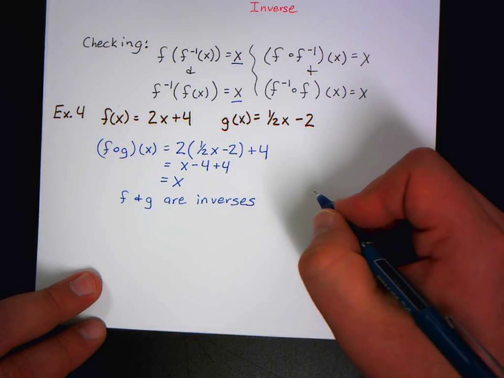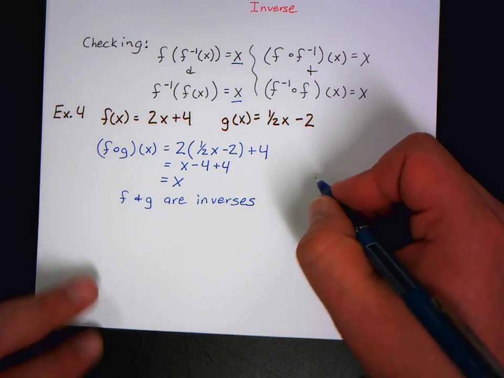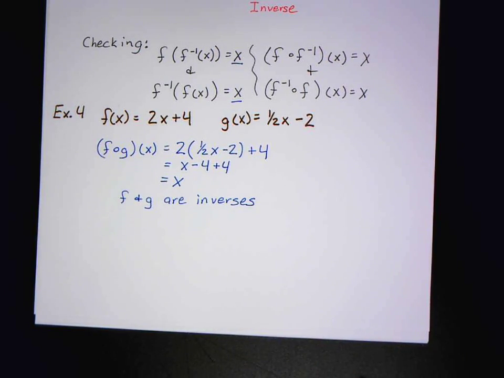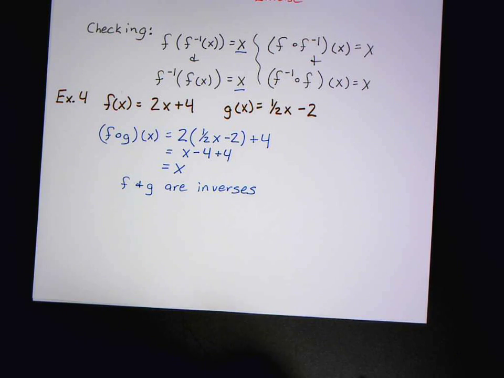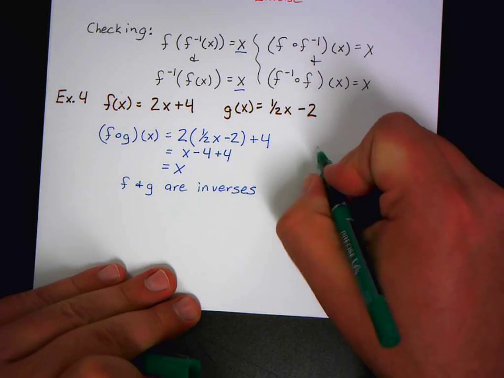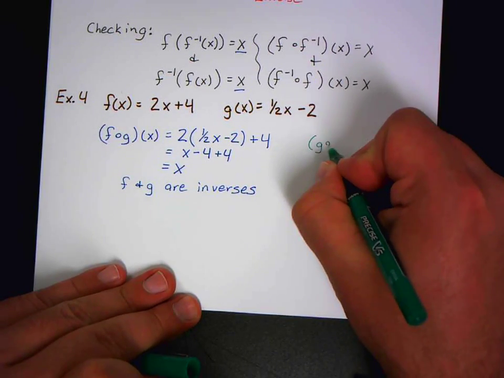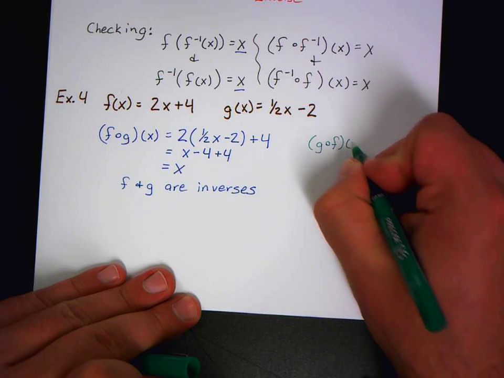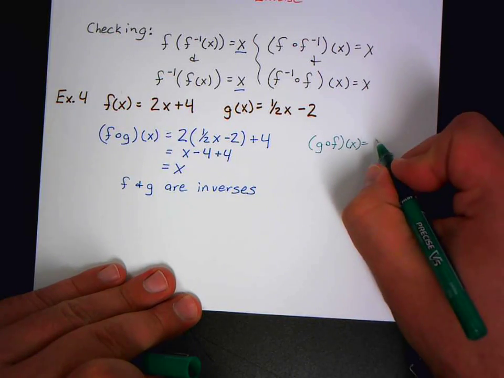On this, that's the only answer I could get. If they're not inverses, then you'll get something else. I can do another example where they're not inverses. If we did it the other way, you would get the same thing. No, you don't have to check it both ways.